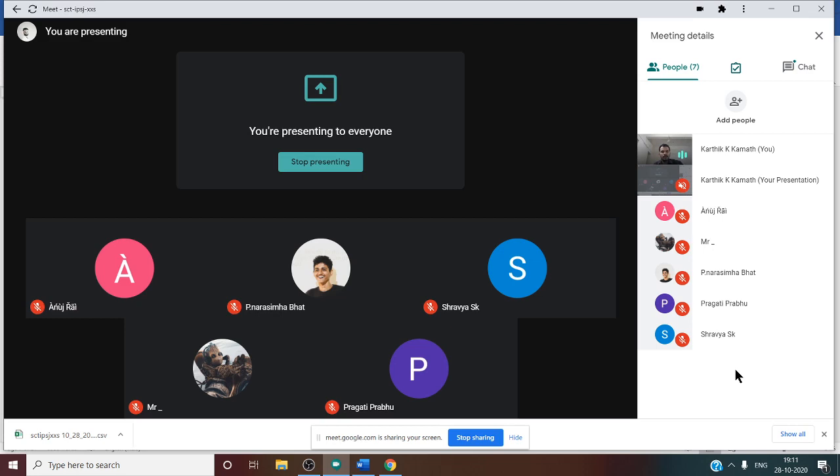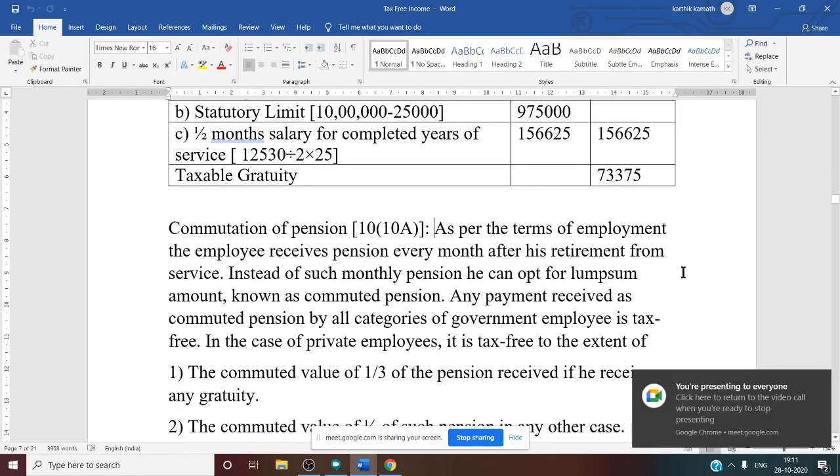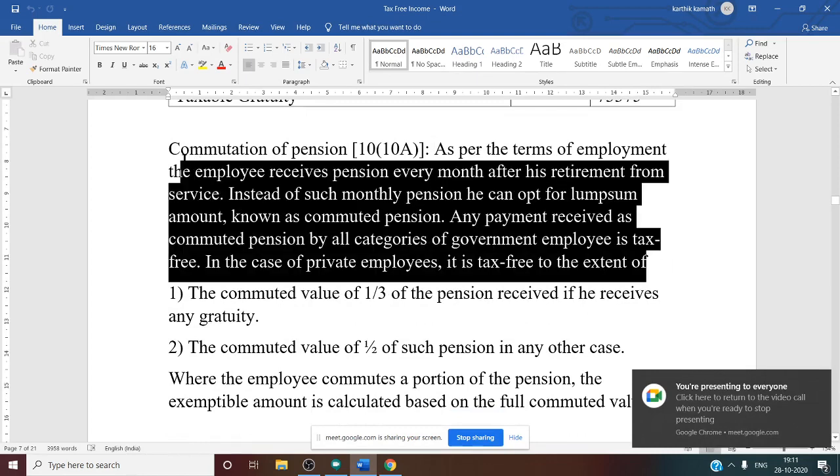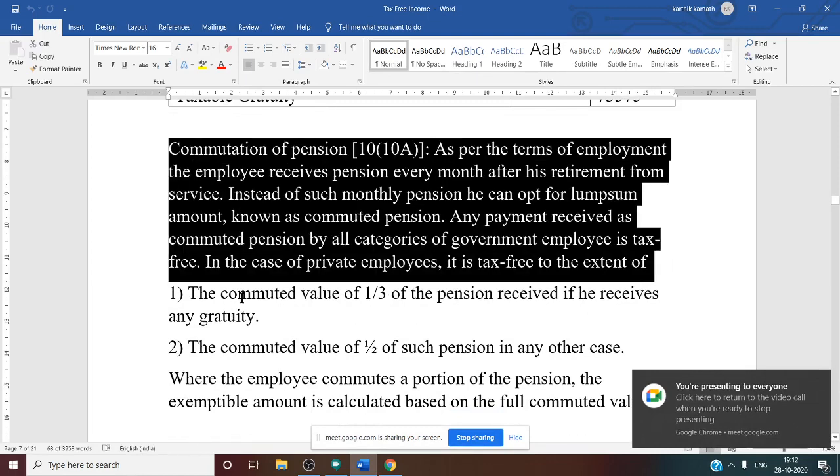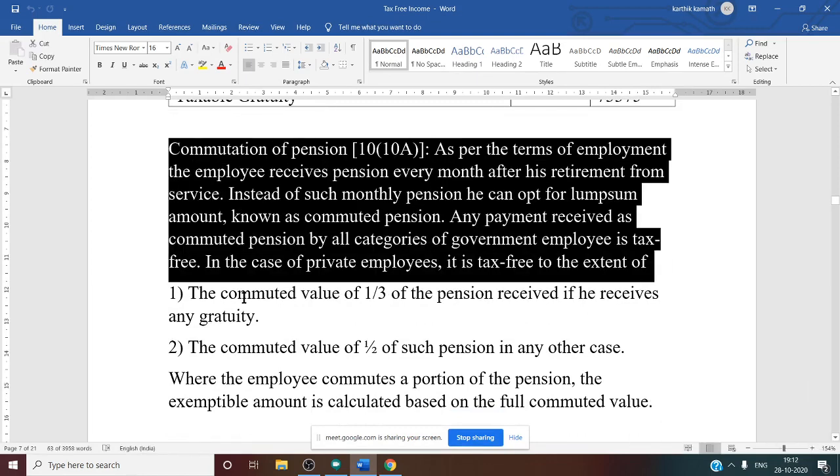As per the terms of employment, the employee receives pension every month after retirement. Instead of such monthly pension, he can opt for a lump sum amount known as commuted pension. Payment received as commuted pension by all categories of government employees is tax free.